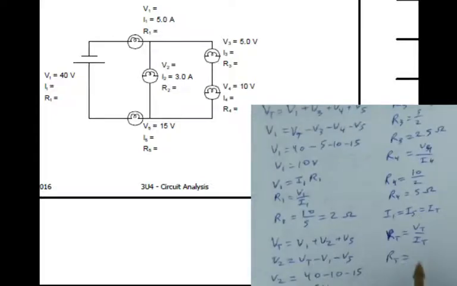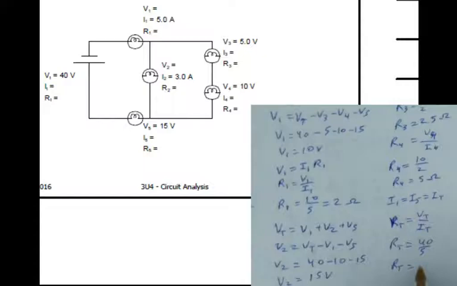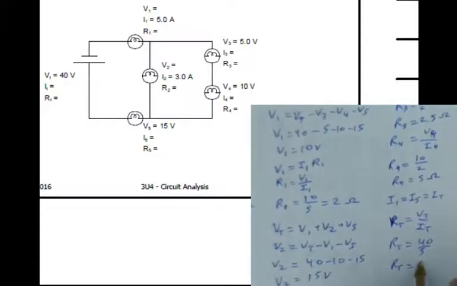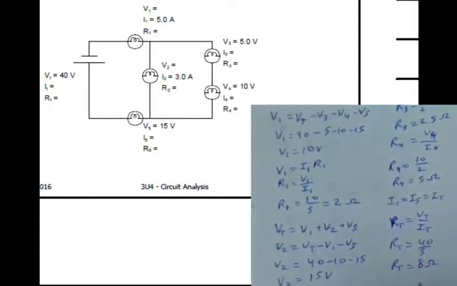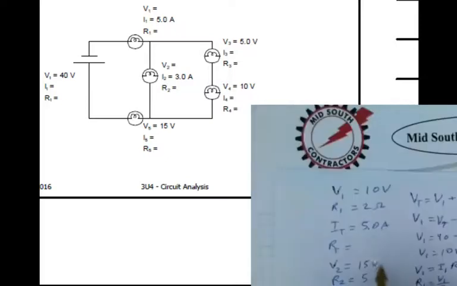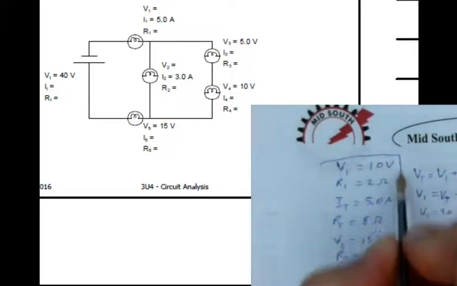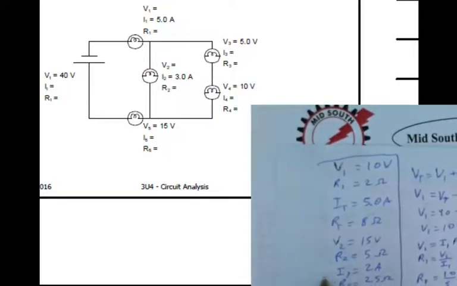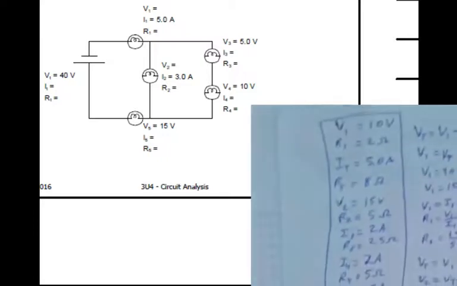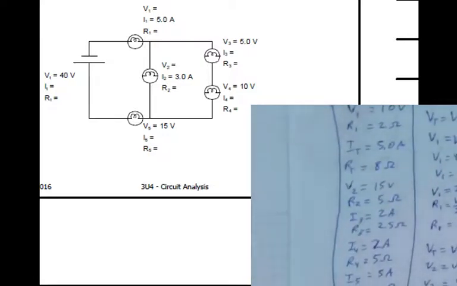So VT is 40 over 5. The total resistance of this would be 8 ohms. And we can finally put this in here, 8 ohms. And that is our full analysis with all of our solutions there.